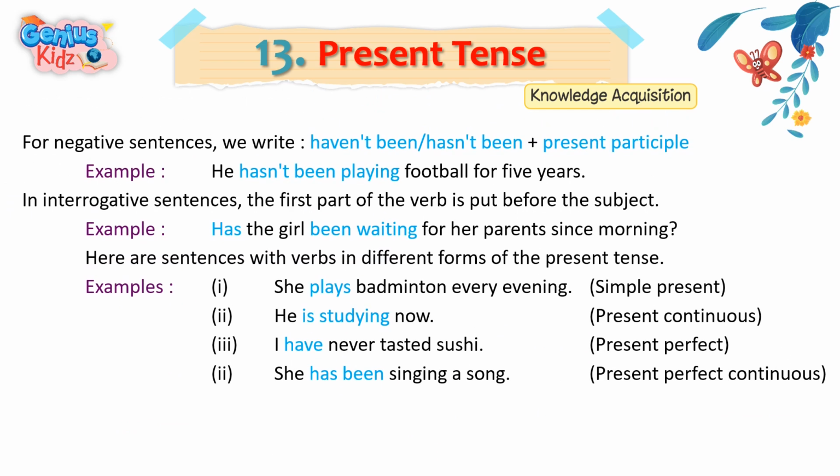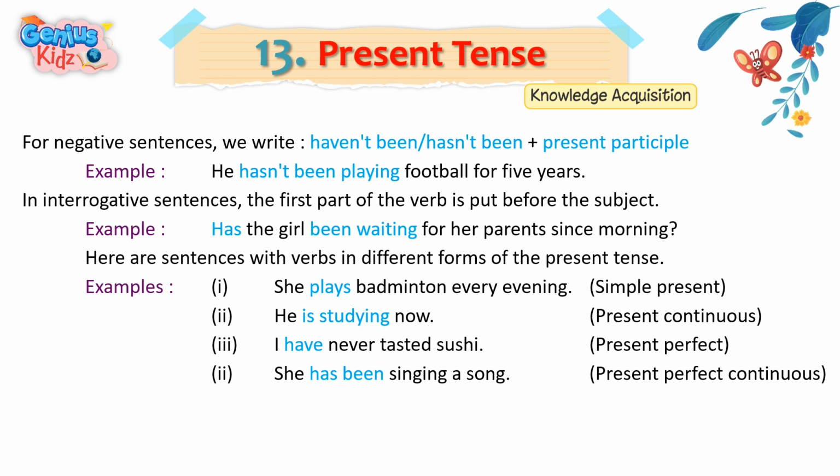For negative sentences, we write have not been, has not been plus present participle. Example: He has not been playing football for 5 years. In interrogative sentences, the first part of the verb is put before the subject. Example: Has the girl been waiting for her parents since morning?